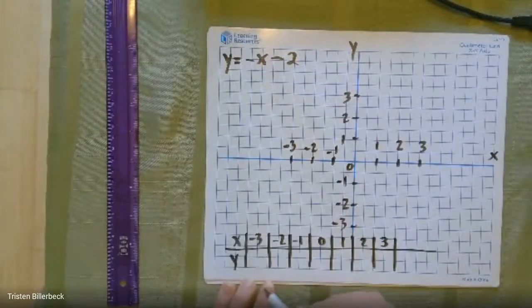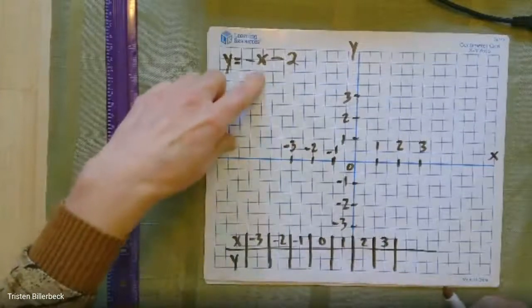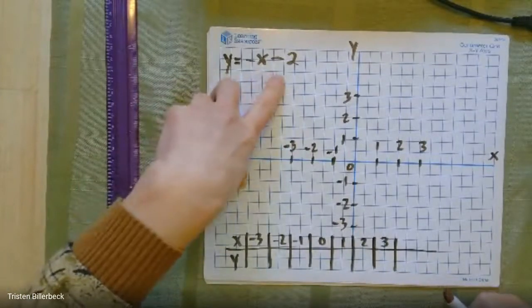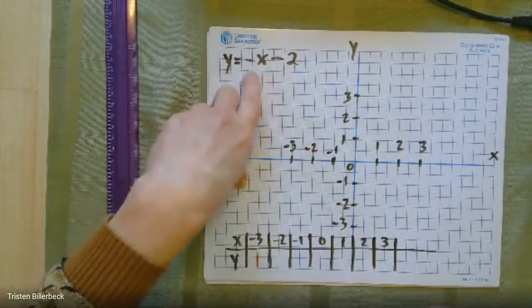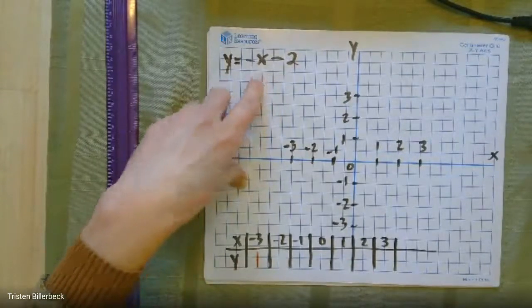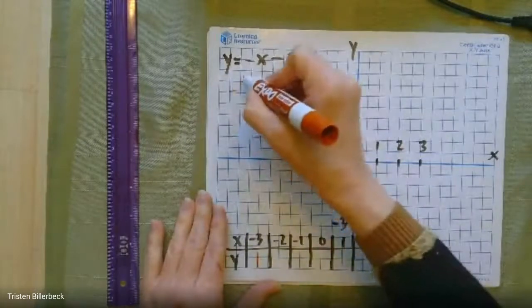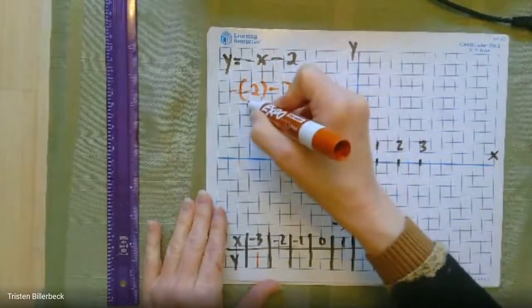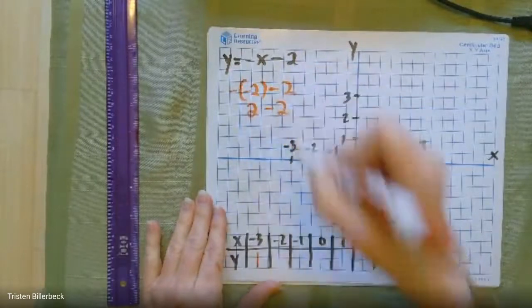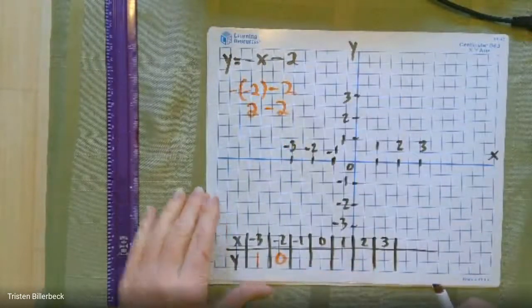All right, so if we put in negative 3, that makes a positive 3. Positive 3 minus 2 gives us 1. Negative 2 gives us positive 2, and 2 minus 2 is just 0.